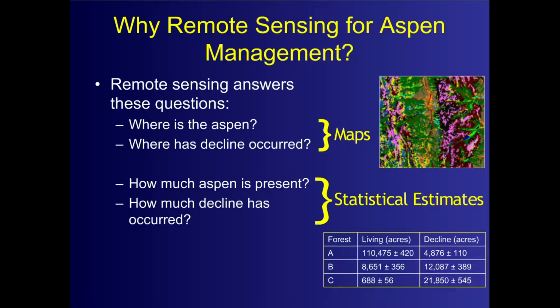And secondly, we have more of an inventory type question that we can answer, and that is how much aspen is present, how much decline has occurred. With that, we come up with tabular type data, and we do that with statistical estimates and so forth.